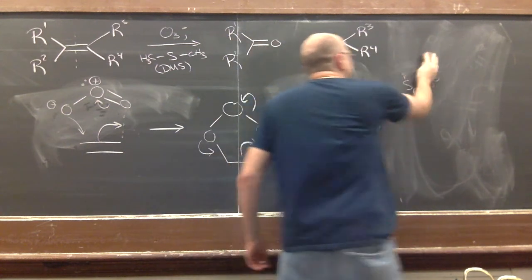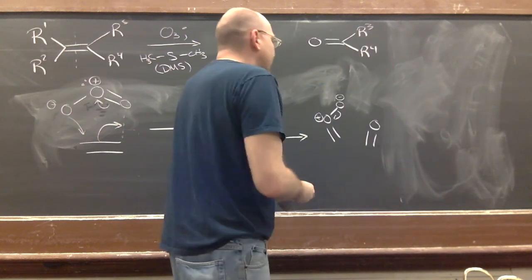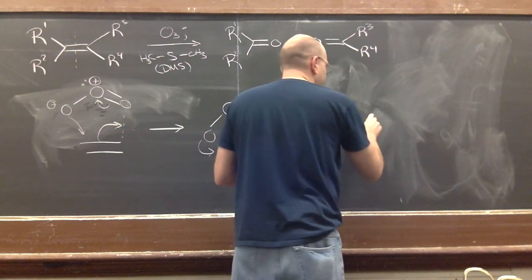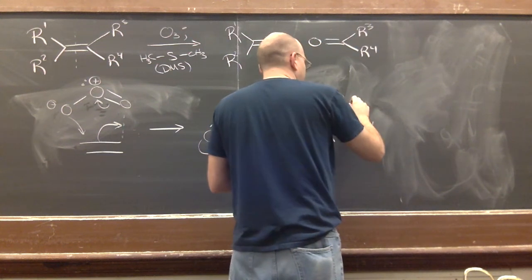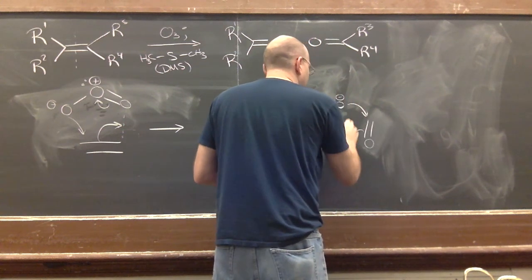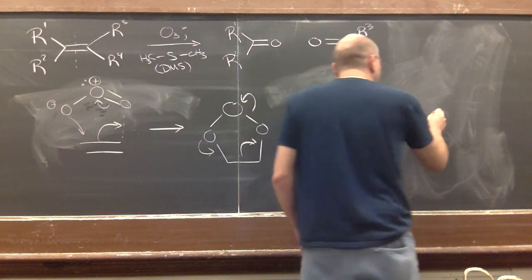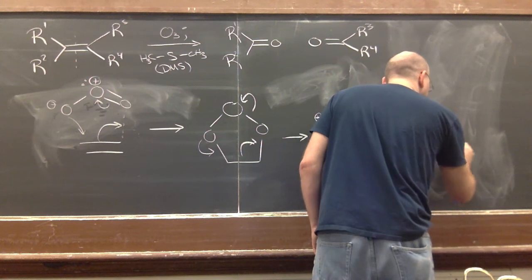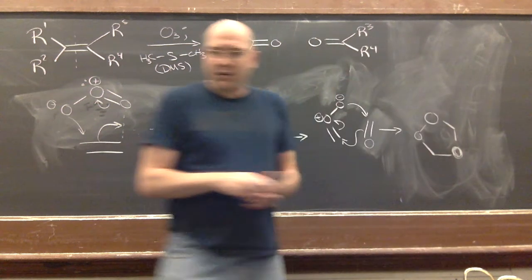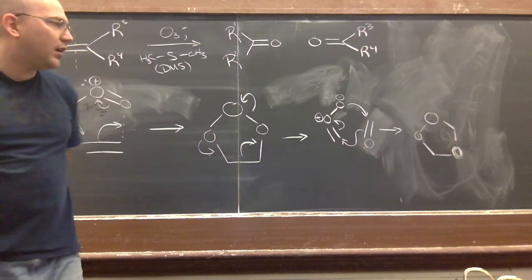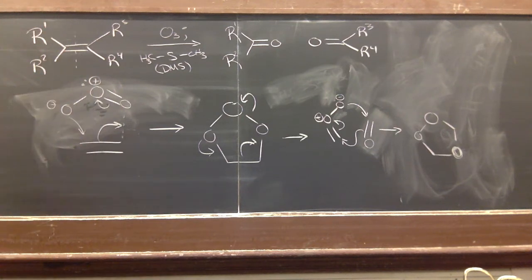And in truth, what ends up happening is that you do this, and you get to this intermediate that you see here. And this is called an ozonide, and it's basically when you run ozonolysis before you add DMS, this is actually the intermediate that you get.